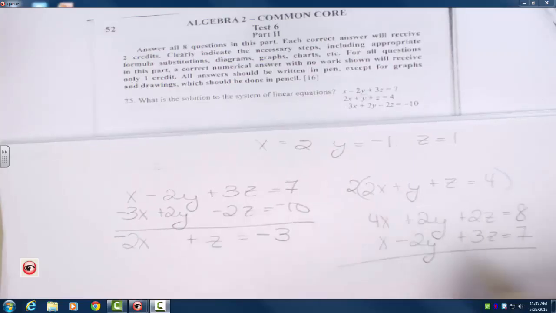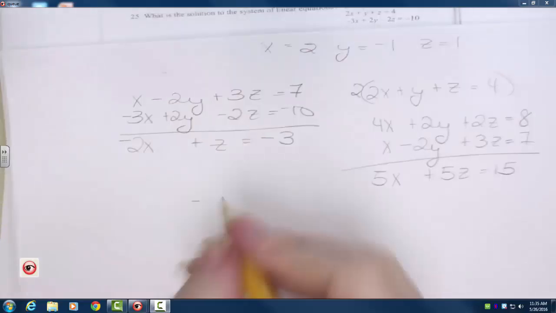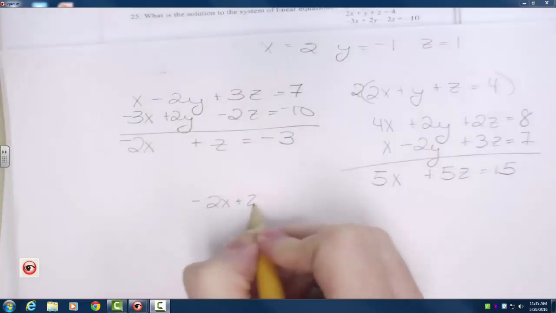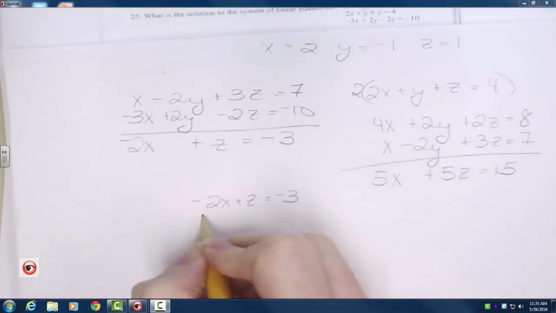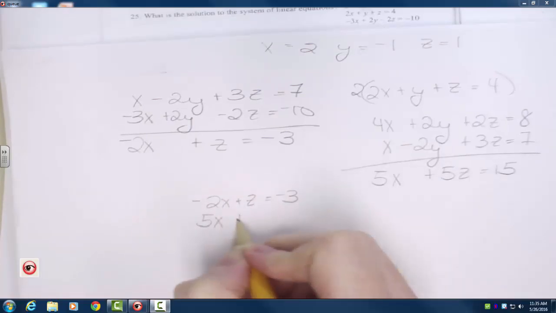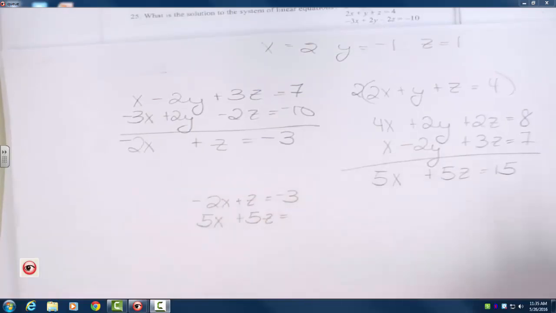Okay. Add these together. 5x, y's cancel, 5z equals 15. So putting these two lines together now, negative 2x plus z equals negative 3, and 5x plus 5z equals 15.